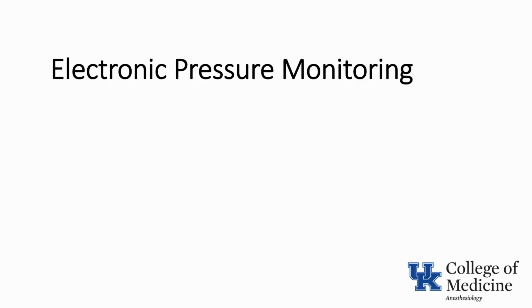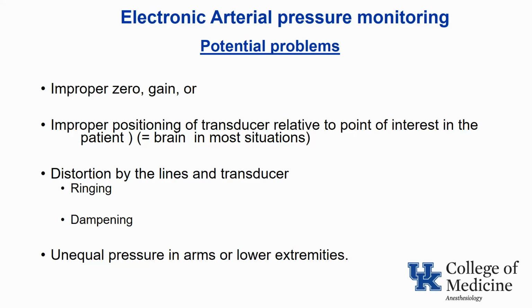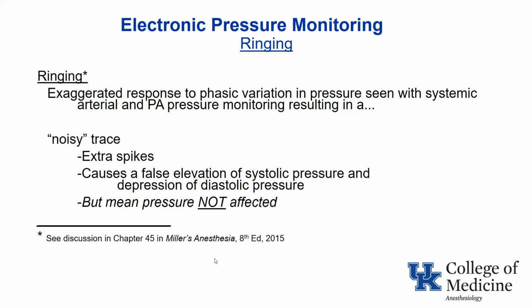A few words about electronic pressure monitoring, which we use on all arterial lines. There are many problems associated with electronic pressure monitoring. Improper zero gain, improper positioning of the transducer, and distortion due to ringing and dampening. And finally, unequal pressure in the arms or lower extremities.